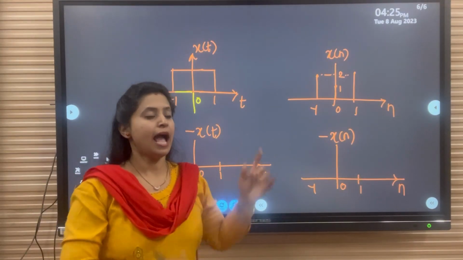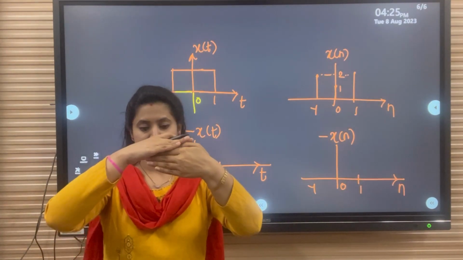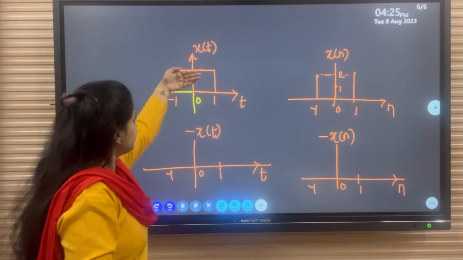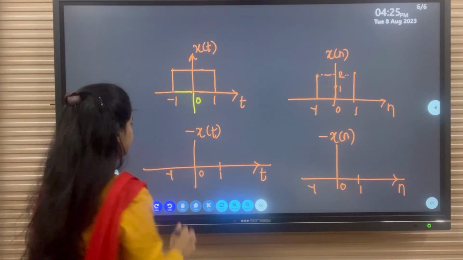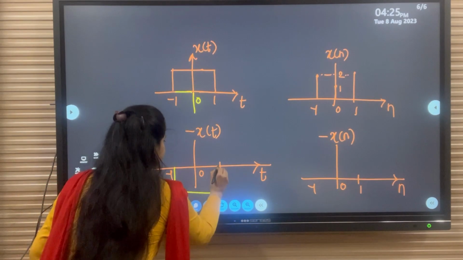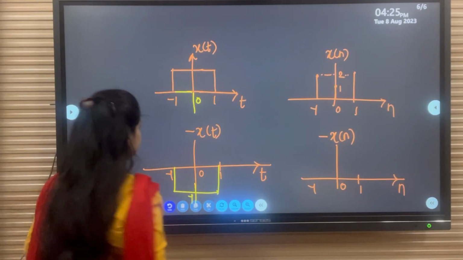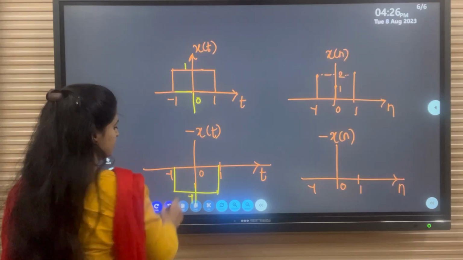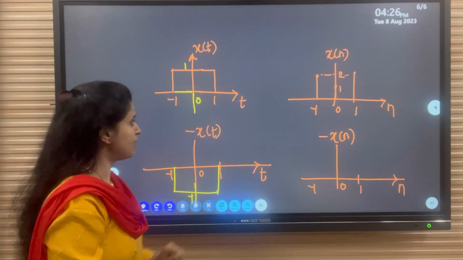But if it is amplitude reflected signal, then we are reflecting it like this way. So it means that this signal is completely reflected here. So we are getting the signal with the amplitude as -1. So here if this is +1, here I'll get this amplitude is equal to -1.